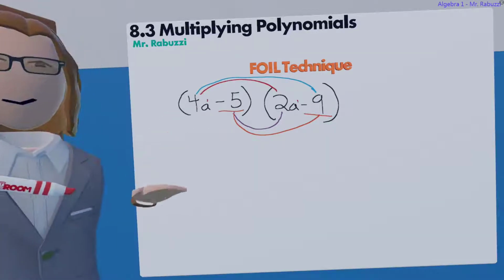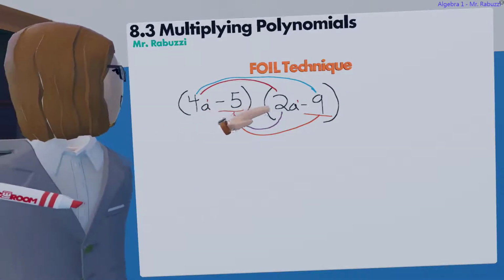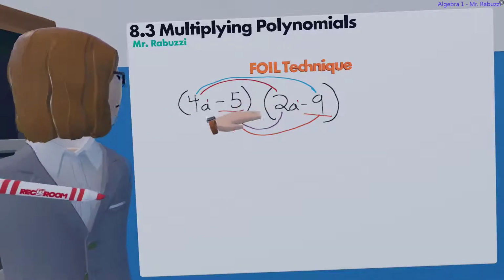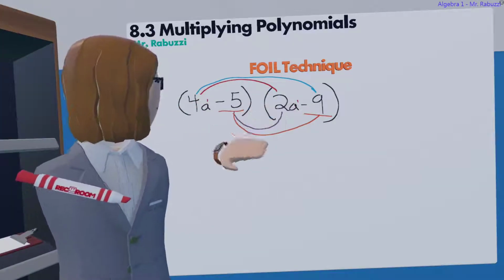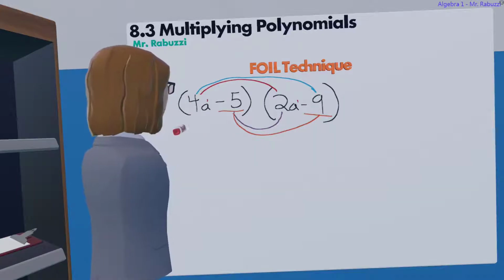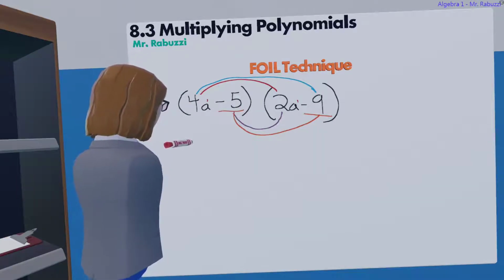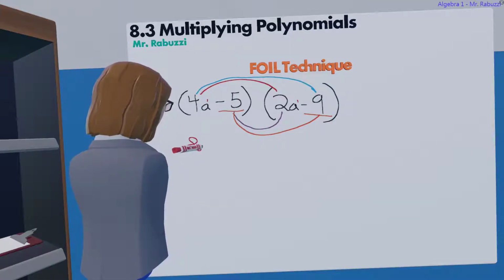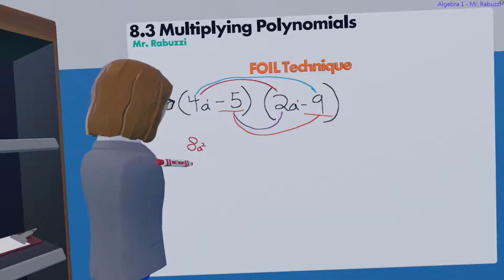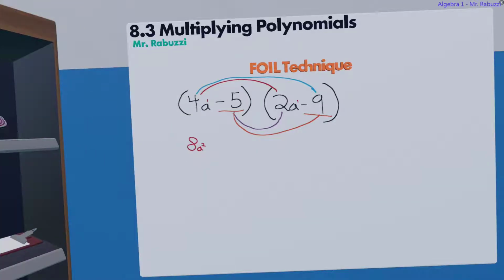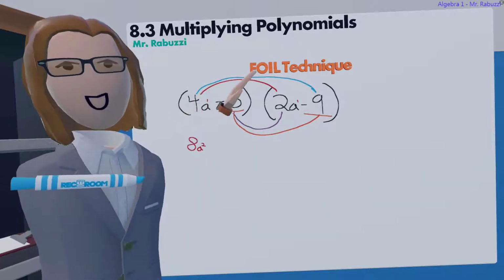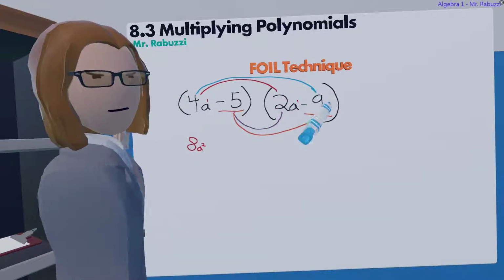So let's start with our red line. First times first, that's the F. First piece times first piece. Remember our invisible ones, I added those in. So 4 times 2, that's 8. A times A, that's A squared. Okay, then we'll go to our blue line, which is our O, outside. Outside term and outside term. They're on the ends.